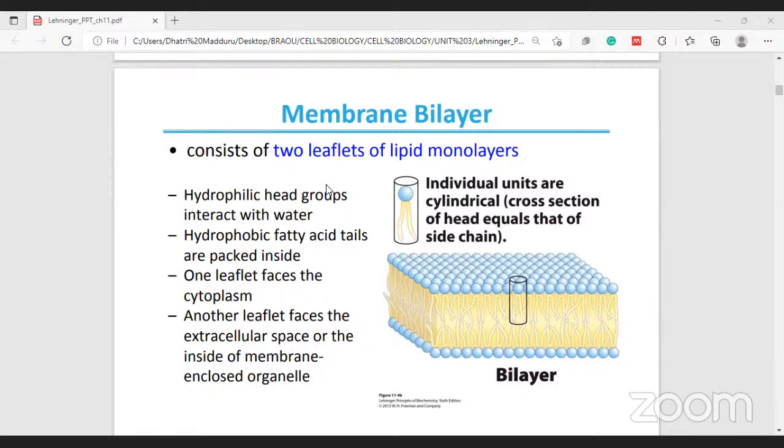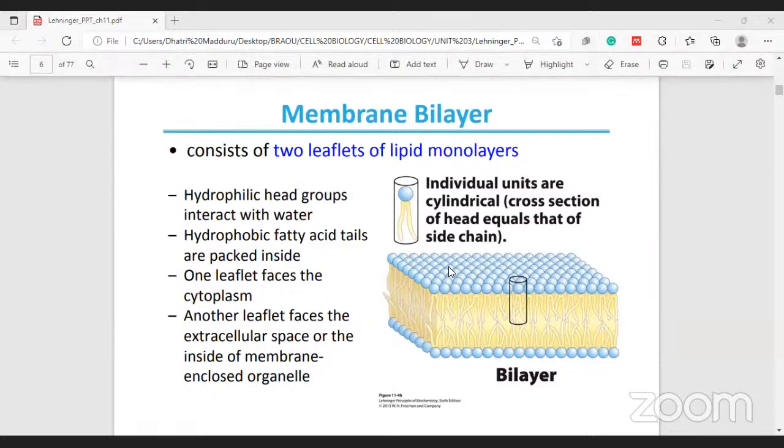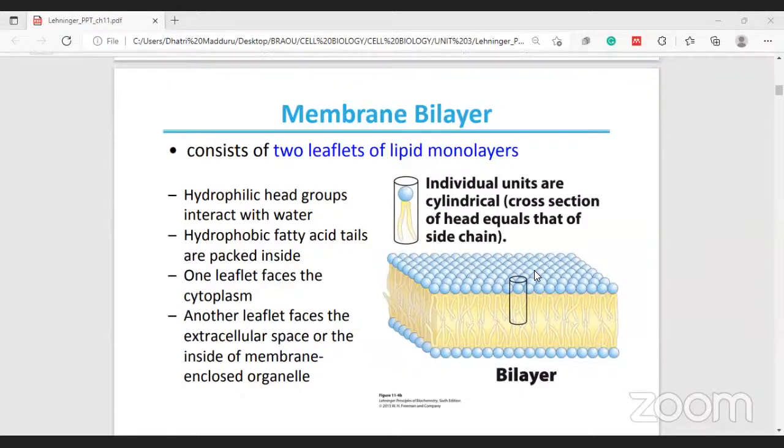Hence these polar head groups are present outside and inside of the cell, and in between we have hydrophobic fatty acyl tails. One leaflet faces the cytoplasm, so the bottom portion gets exposed to the cytoplasm, and another leaflet is exposed to the extracellular space.